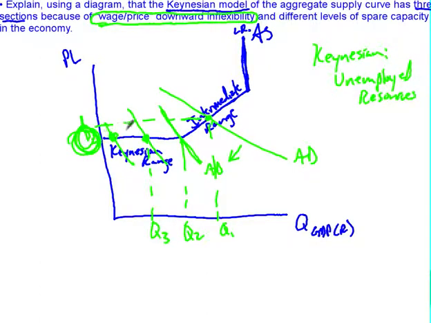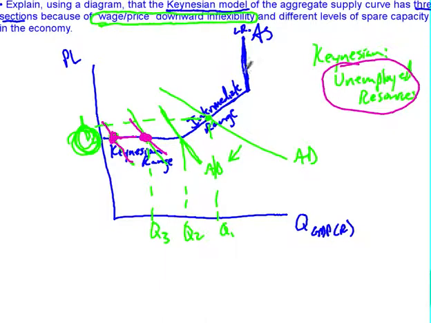And this works in the opposite direction. So let's say that we're here, and then aggregate demand shifts to here. Why don't we see any increase in the price level? That's because there are all these unemployed resources. Think of it, if you have 30% of the population out of work, if aggregate demand starts to go up, then employers can hire as many people as they want for a long time at a lower wage rate.